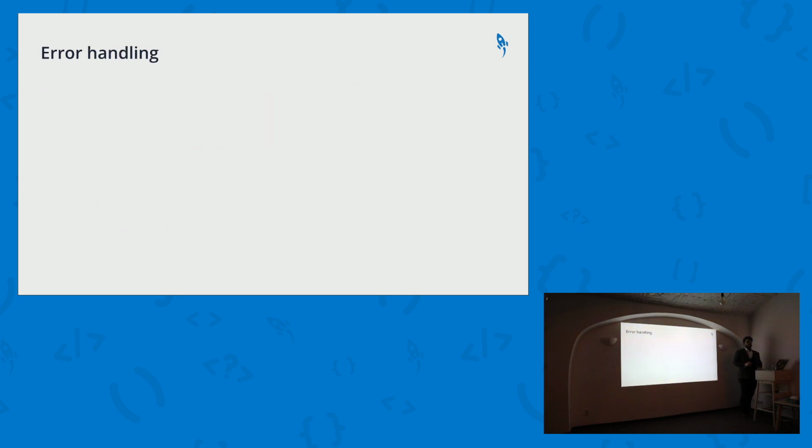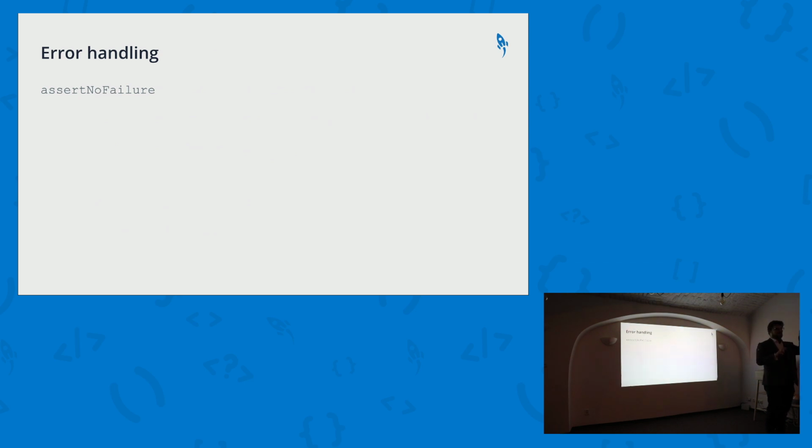Then we have error handling. Error handling is really, really important, and everybody knows about that. Nobody does it. We have assert no failure, which is a beautiful operator. Do you remember how we talked about how there are two associated values for each stream?